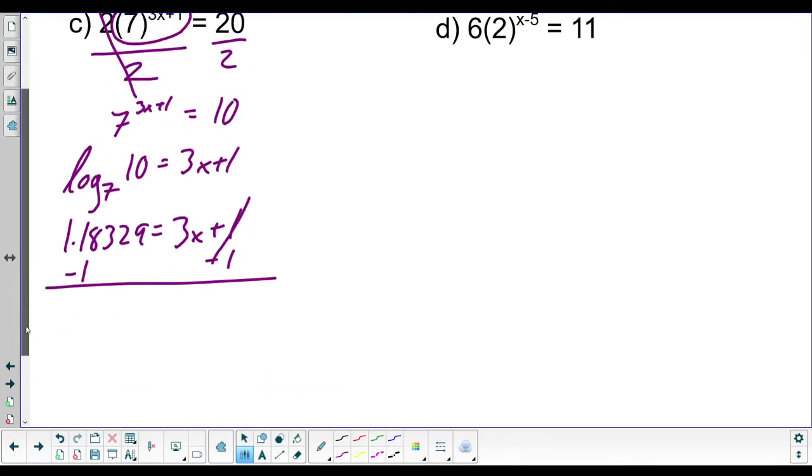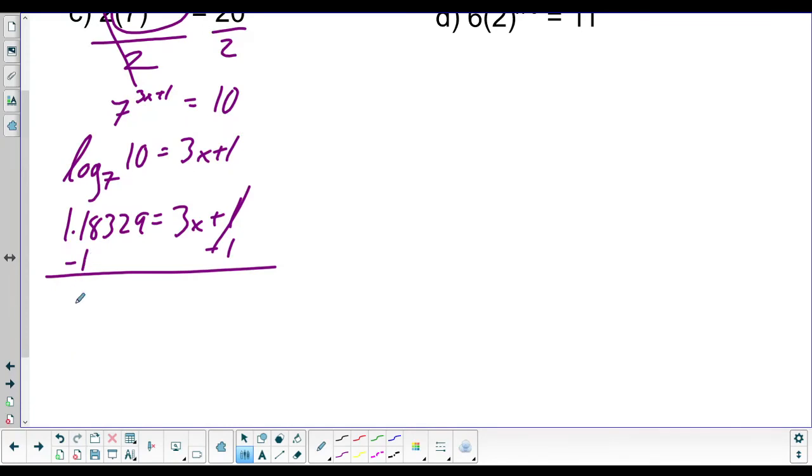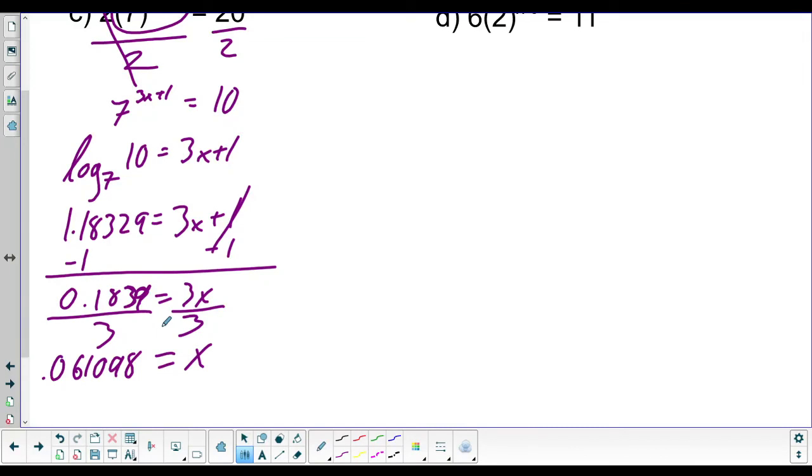These cancel. 1 minus 1 is 0, so we have 0.18339 equals 3x, and then we divide both sides by 3. And we get that x equals 0.061098. And that's our answer.